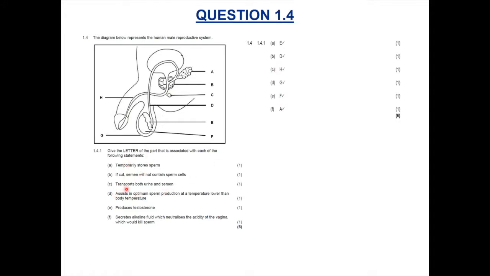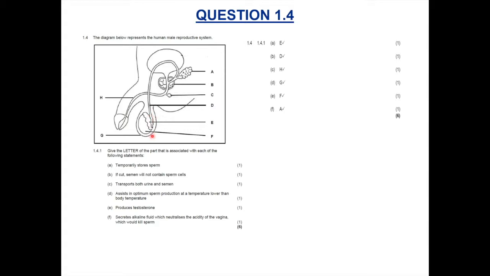Letter of the part that transports both urine and semen, that's the urethra, which is H. Assists in optimum sperm production at a temperature lower than body temperature. We know that is the testes, which is kept in the scrotum.